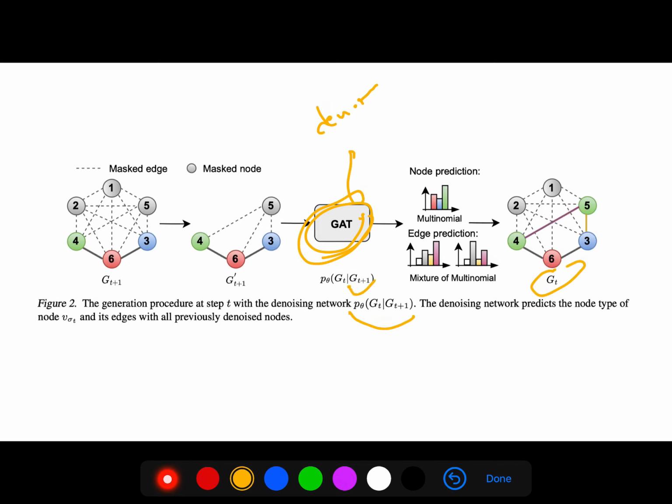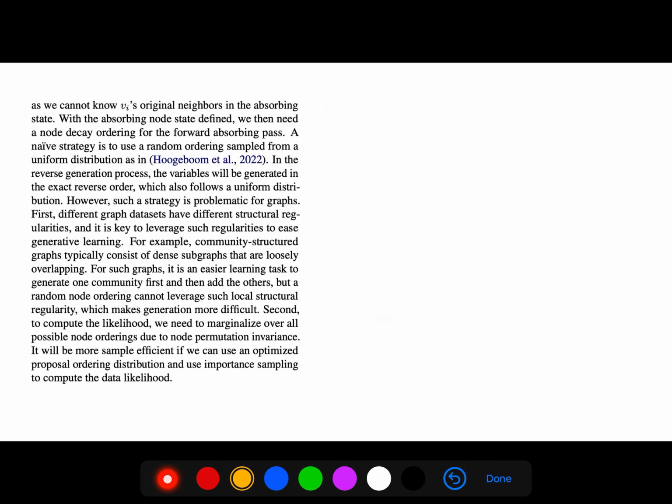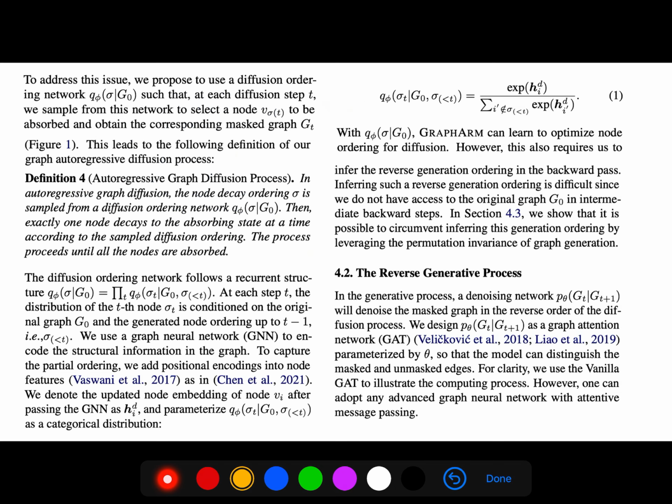So one step less. So the next denoising step is here. So you have node prediction and edge prediction. So in autoregressive graph diffusion, the node decay ordering sigma is sampled from a diffusion ordering network.